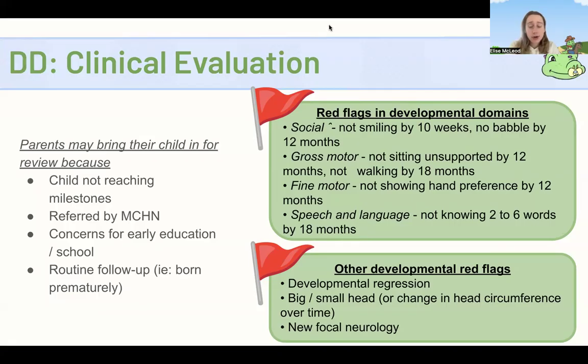So that's why every time you see a child, it's really, really critical to get not only just a height and weight and plot that on the WHO or the CDC chart, but also to measure that change in head circumference, because that is a key red flag. And if the child also has new focal neurological symptoms, that also rings alarm bells.